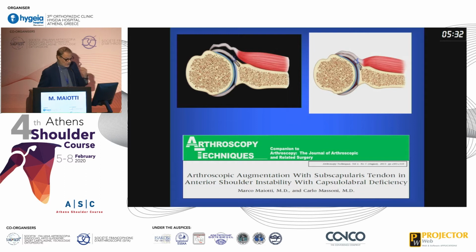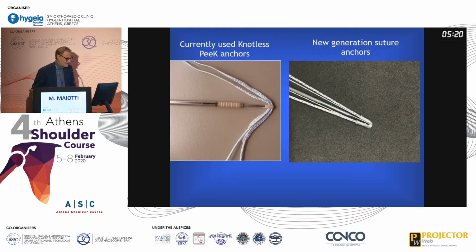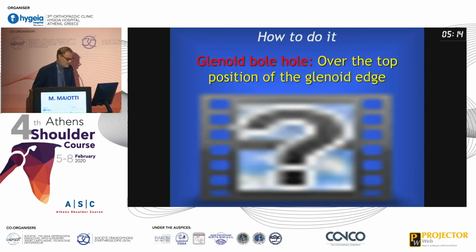So, according to this, I thought 10 years ago to do the same thing using modern anchors, and to grab the upper third of the subscapularis tendon after the Bankart repair. This is a push lock, but you can do it with new generation suture anchors.